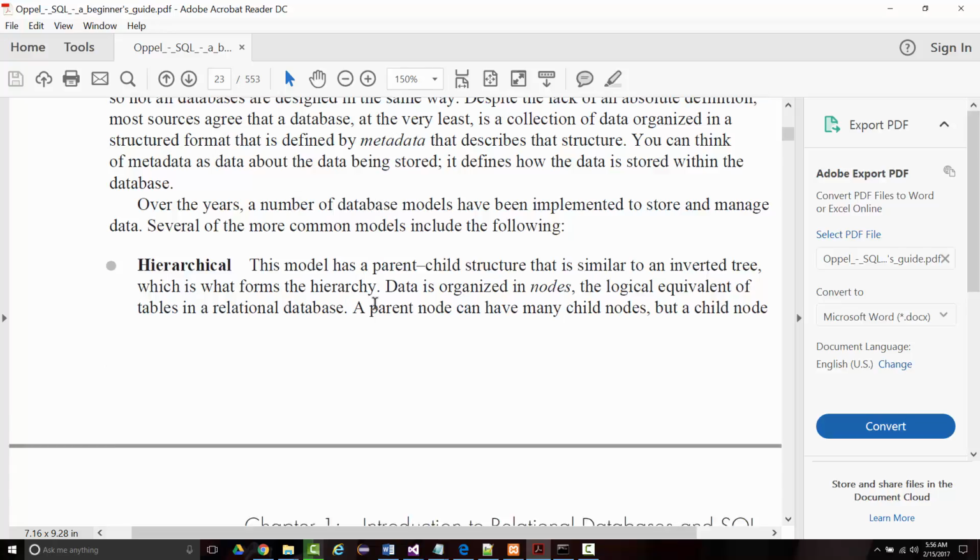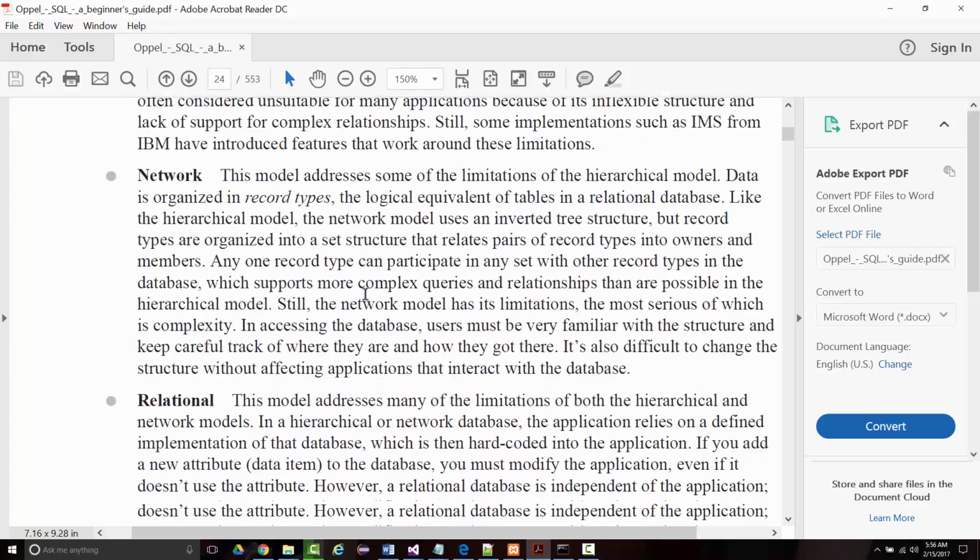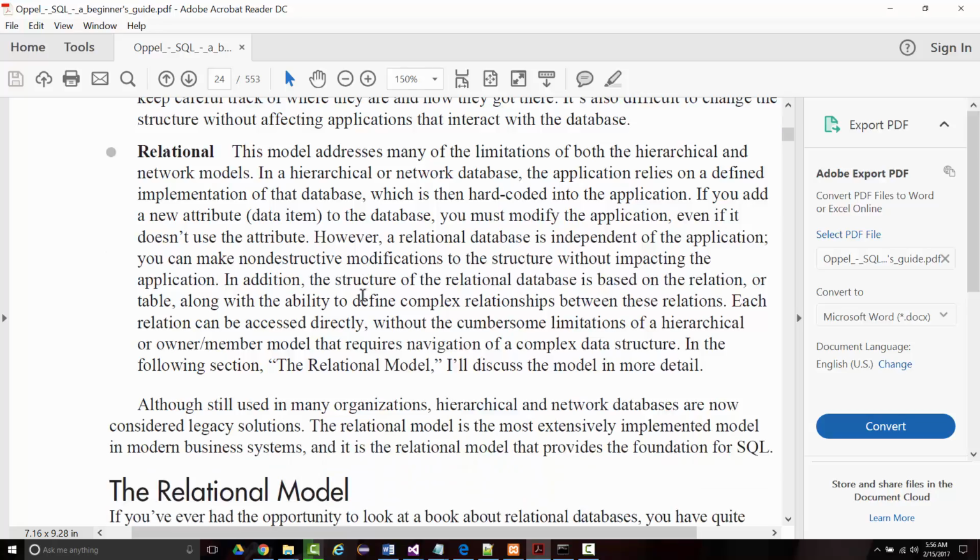Over the years, there have been hierarchical databases and network databases, but probably for about the last 45 years, the major database that's been in play has been the relational database. One reason for it is the relational database is independent of the application that's using it.